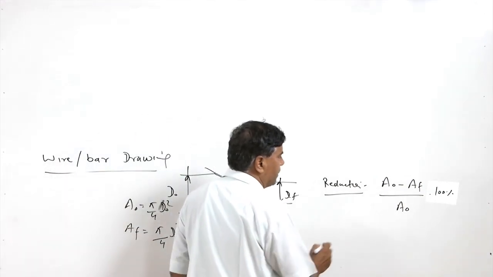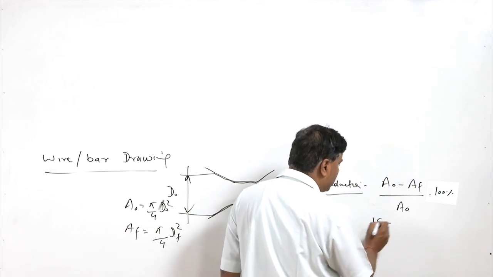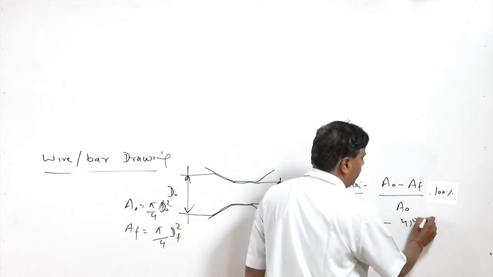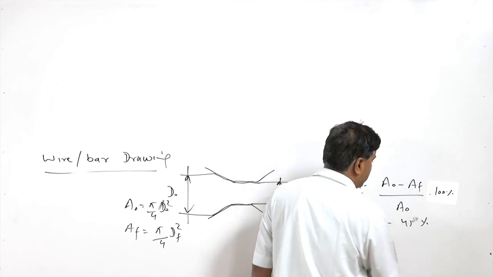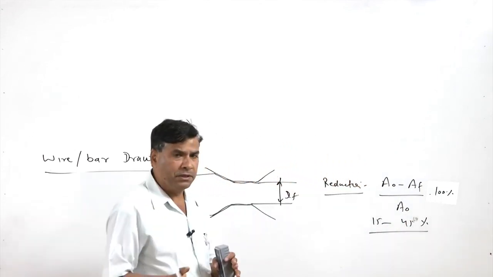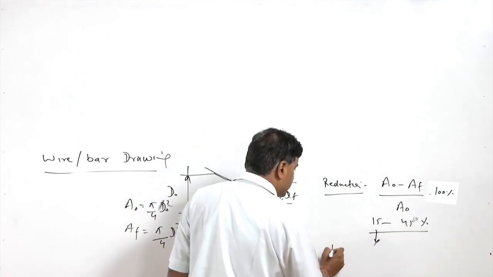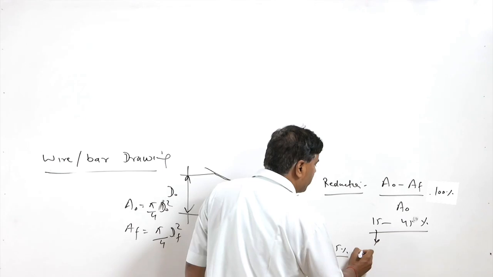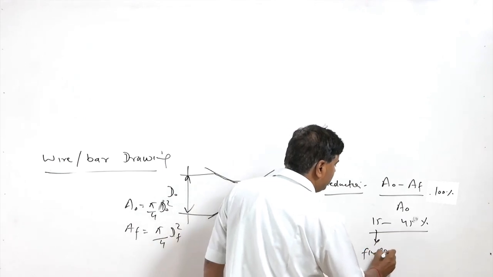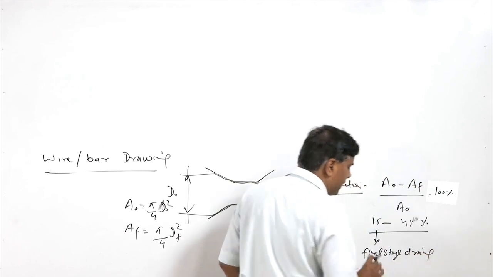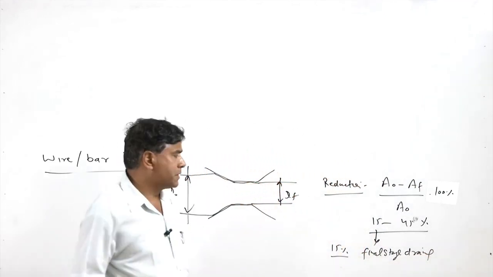So, the reduction percentage can vary in the wire drawing process from 15 to 45 percent, but depending upon the purpose, lower values, meaning low reduction like 15%, are preferred for the final stage drawing, because it helps to get the final desired size.